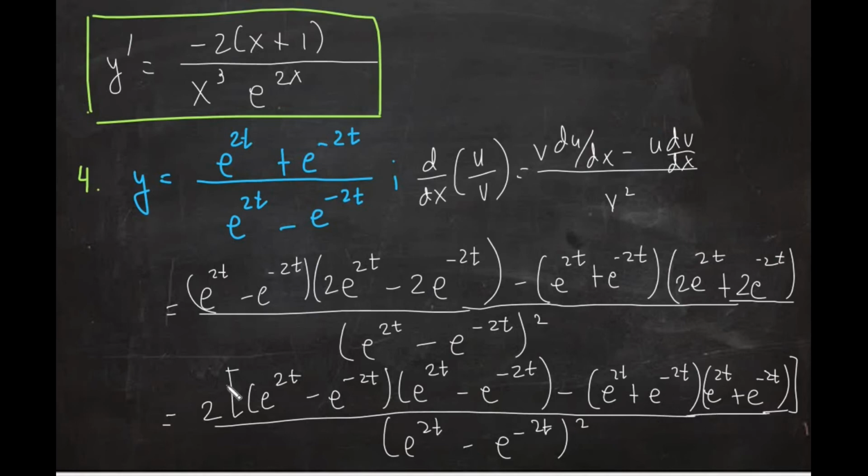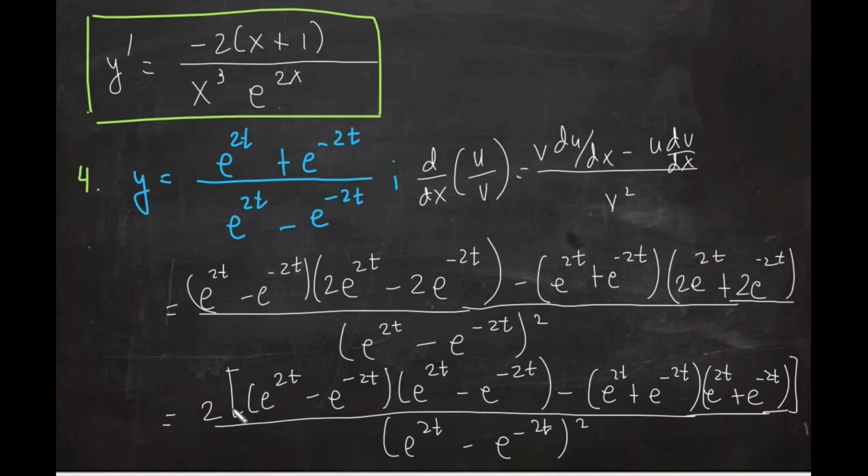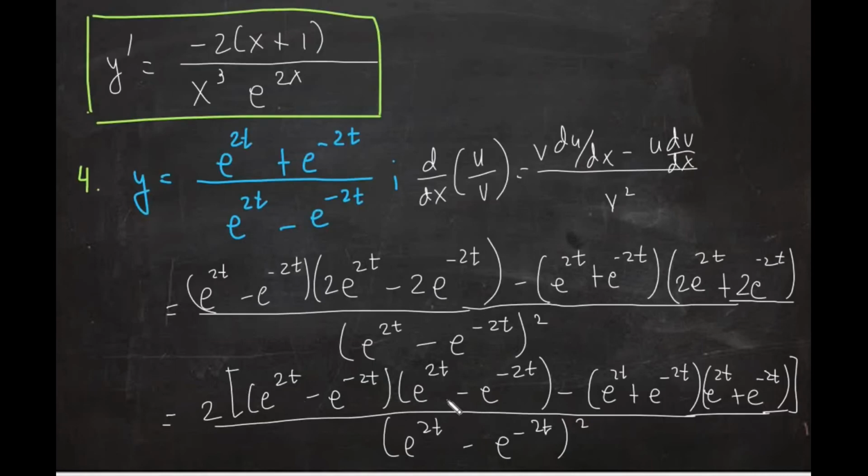So that's basically the square of a binomial, and if we get the square of a binomial, for the first term here we'll have e raised to 4t.